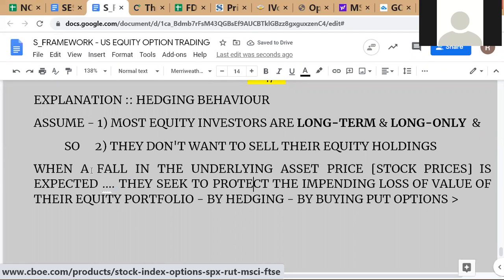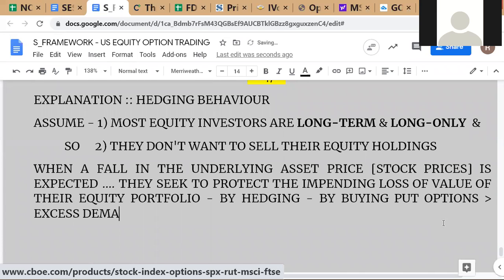So you're fearing this underlying asset price, the stock price, is going to fall, and you protect the impending loss of value of the equity portfolio by hedging. How do you hedge? By buying put options. When you start buying put options, this leads to excess demand for put options.